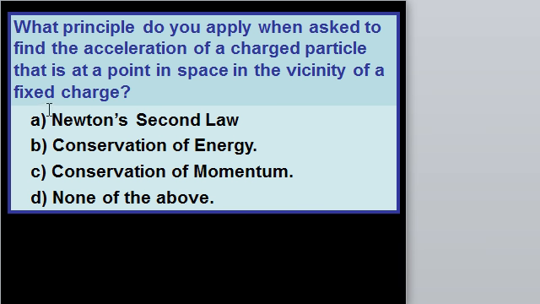Yeah, I'd use Newton's second law to get the acceleration at a given point in space. Now, that idea that you can't use Newton's second law plus constant acceleration in order to find the speed of the particle that was released from rest at one location and is now at another location, that doesn't mean that at every point along the way you can't say what the acceleration is.